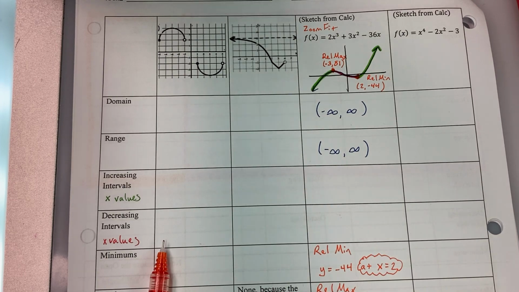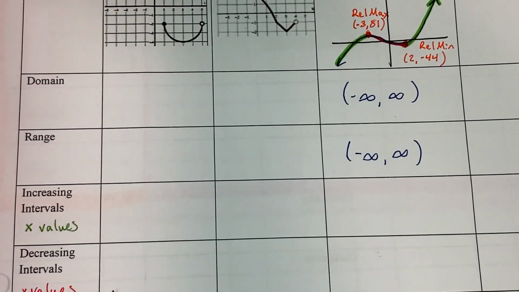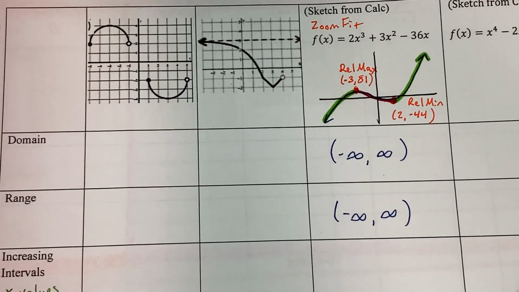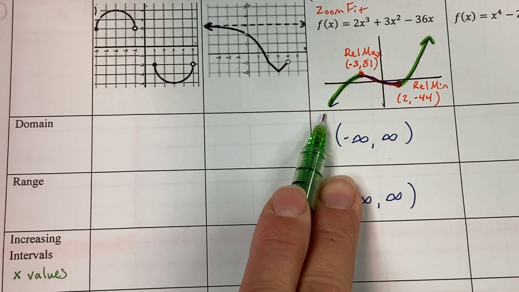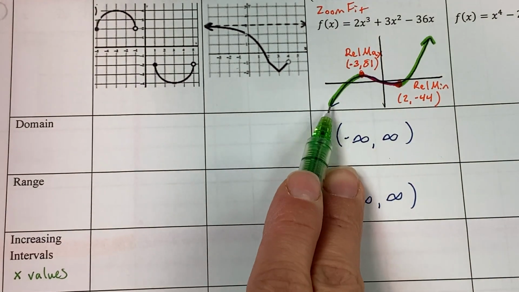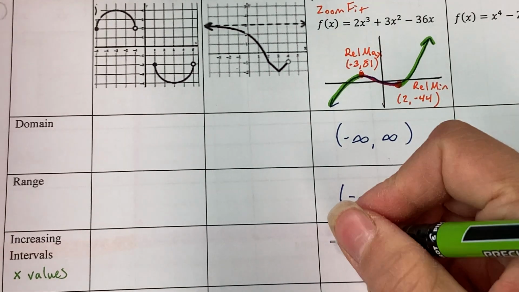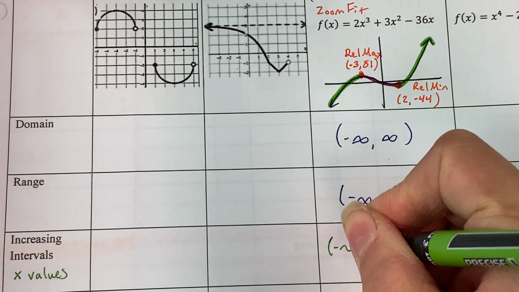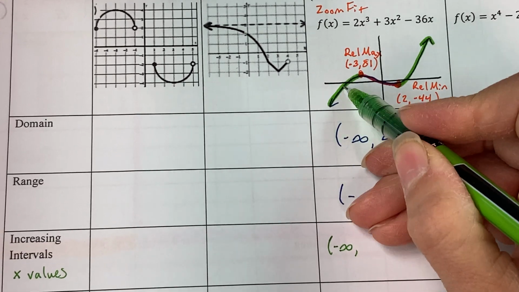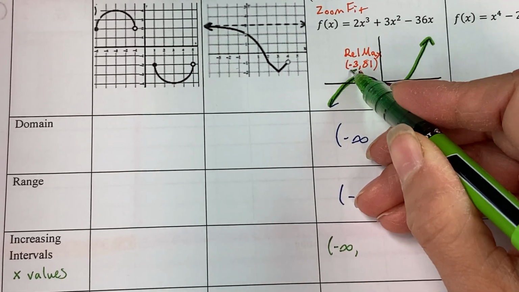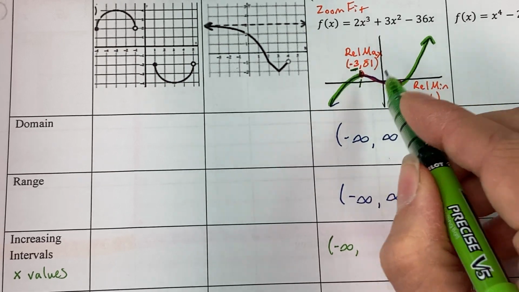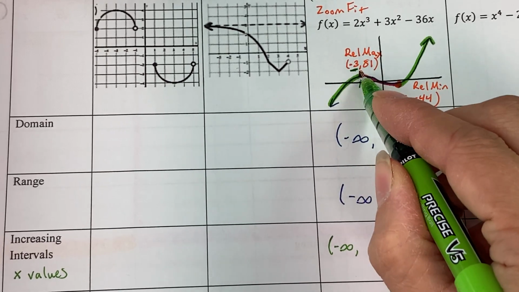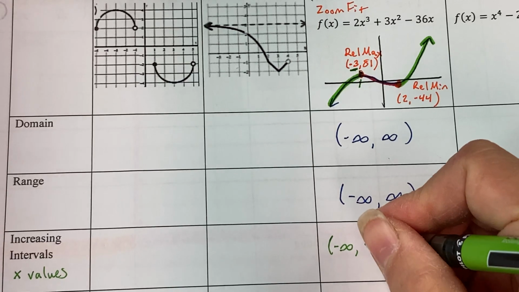So if I look at my graph, let's zoom in again, and we want to find the increasing interval, where does my graph start going up x value wise? It starts going up at negative infinity. Where does it stop going up x value wise? At negative 3. So that x value of negative 3 is where we stop increasing and start decreasing.